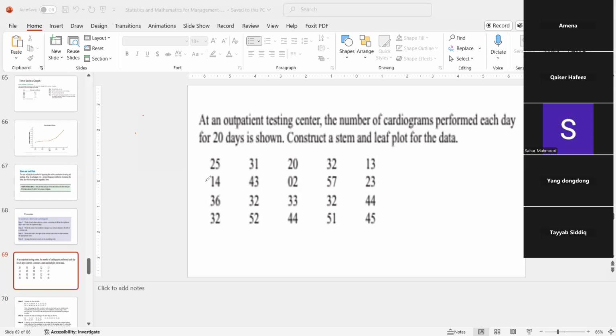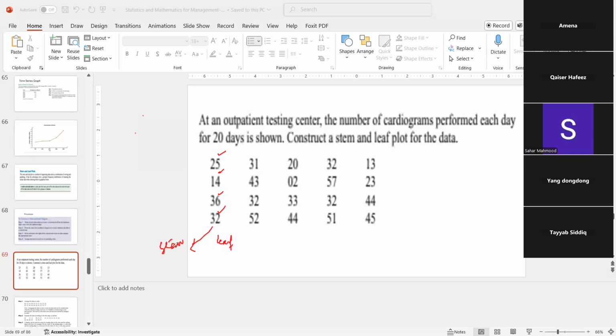Here we have two-digit observations. So for these two-digit observations, the rightmost digit is considered the leaf for every observation, while all the other digits, and here since we only have two-digit observations, the left digit is considered the stem.